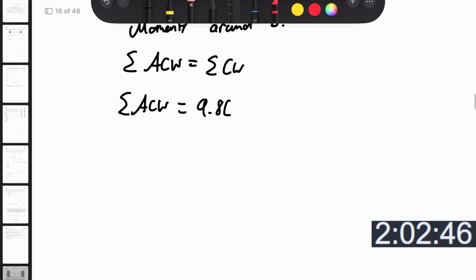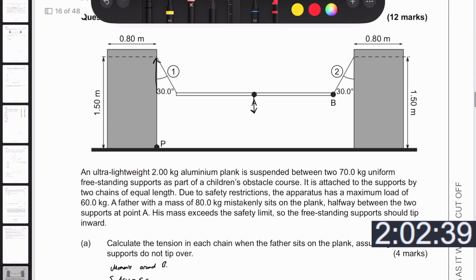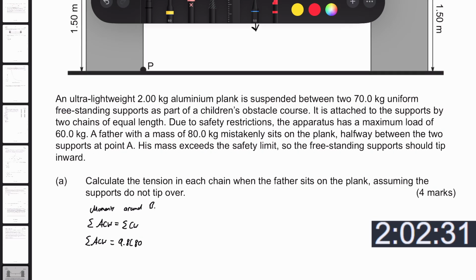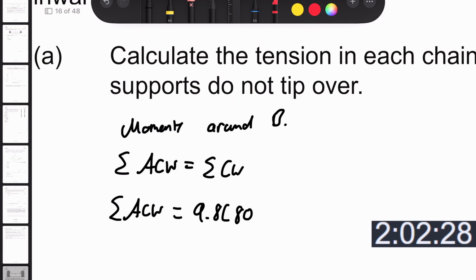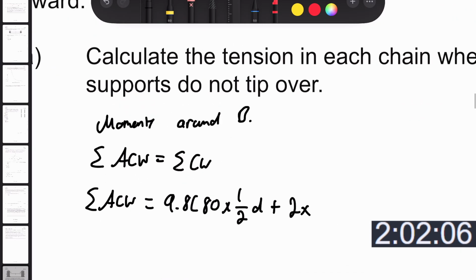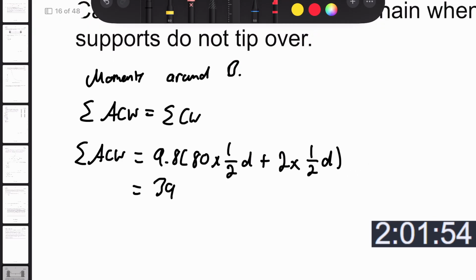Clockwise. So I'm only going to have the anti-clockwise around B is going to be the weight forces. So 9.8 times 80 times equal length times radius plus what is this? This is going to be 2 times half, let's say this is half of diameter, D plus 2 times half of D. This is equal to 9.8 times 80 times 0.5 plus 1, so 393D.